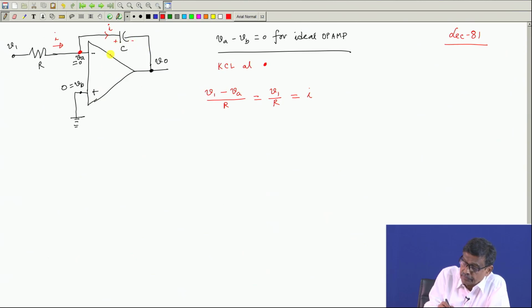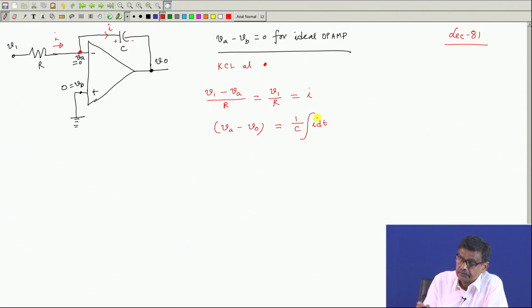Here you should be careful. The voltage across the capacitor is V A minus V naught, and that should be equal to, we have learned so much about capacitors, the integral of I dt.